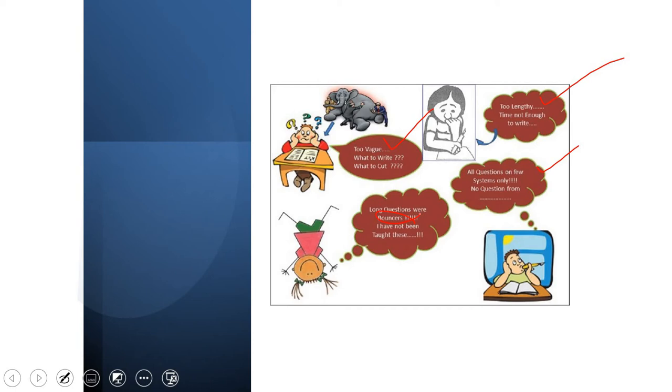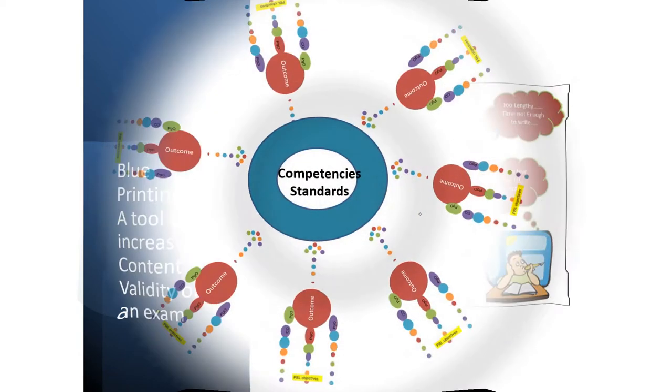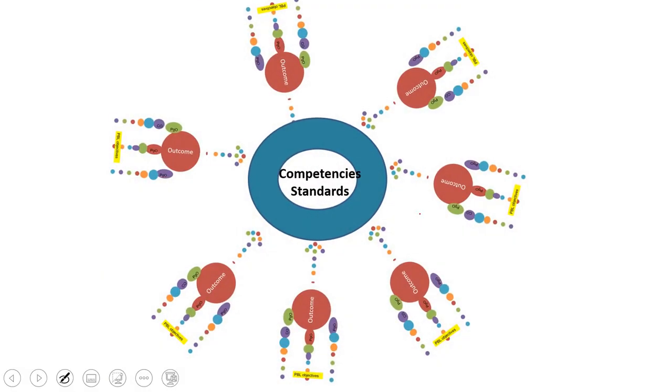the best approach is to go for blueprinting. Remember your curriculum: in the curriculum there are objectives, program objectives, course objectives, problem-based learning objectives. They go towards making outcomes.